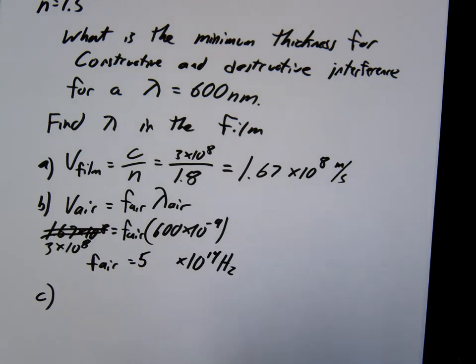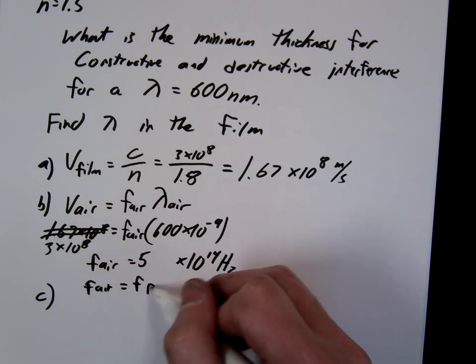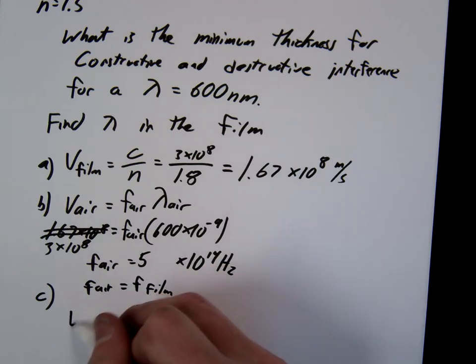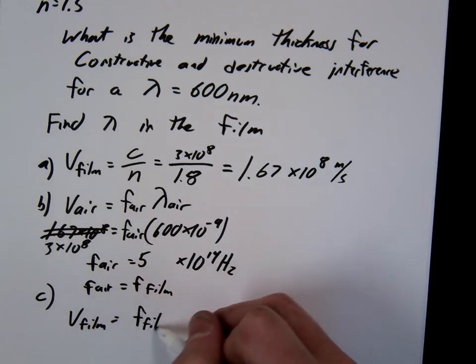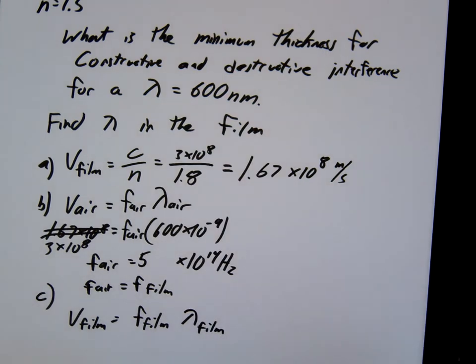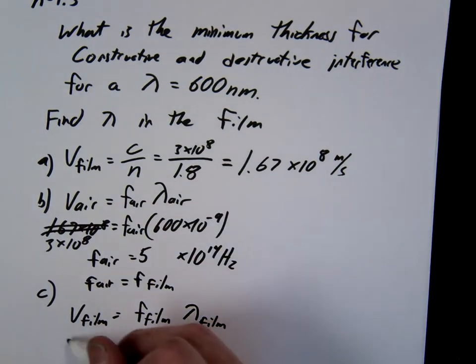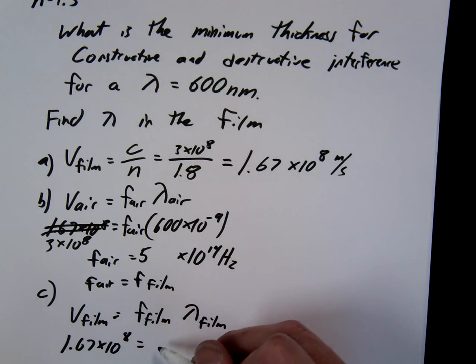And now we're going to say, alright, so F air is equal to F film. And finally we're going to go V film equals F film times lambda film. So now we're going to plug in the V film, 1.67 times 10 to the 8th. F film is 5 times 10 to the 14th.